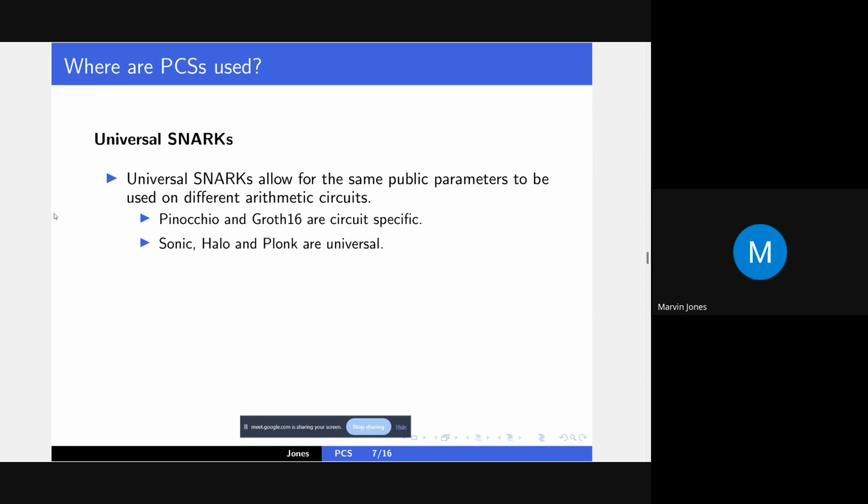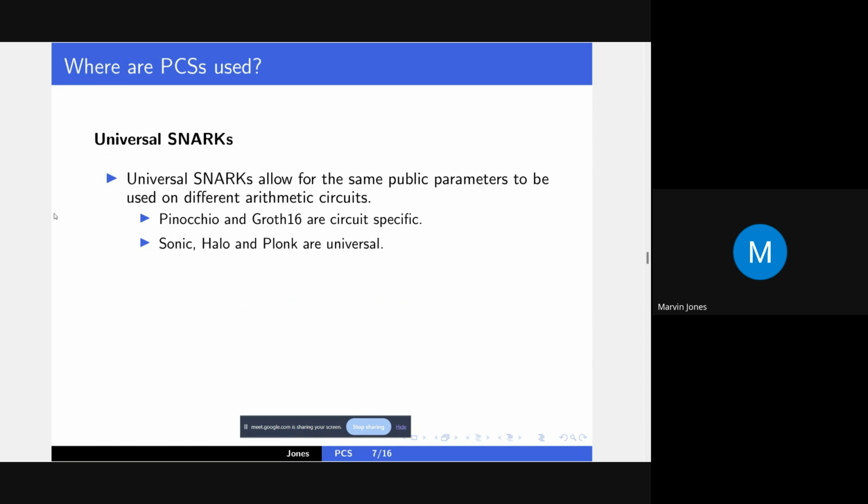A universal SNARK, from our crash course, basically allows the same public parameters to be used on different arithmetic circuits. Just to be clear, if you're studying papers about a particular universal SNARK, you're going to see that as a CRS, common reference string.